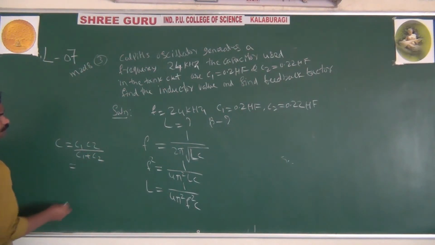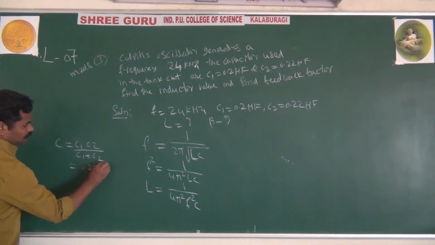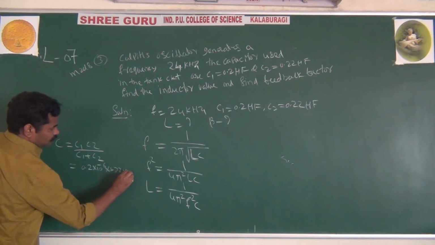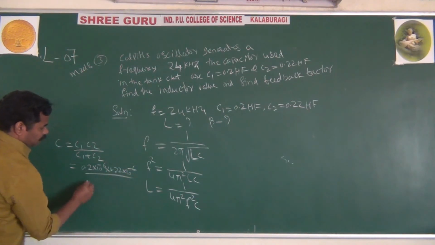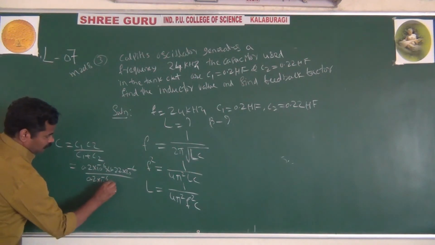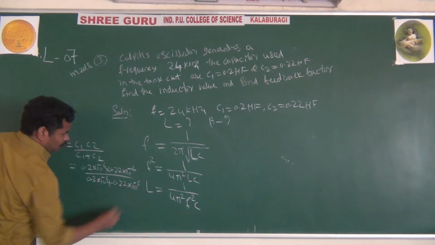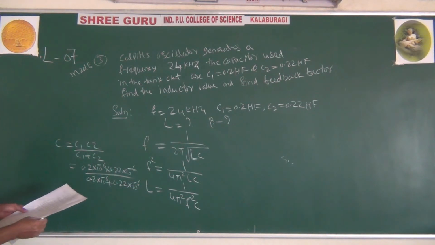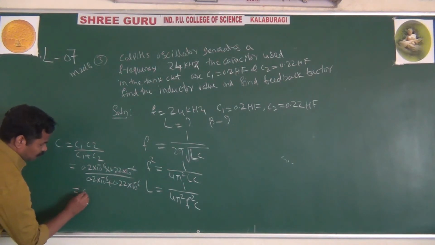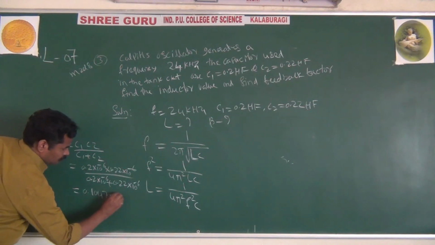Then we can substitute 0.22 into 10 to the minus 6 into 0.2 into 10 to the minus 6 divided by 0.2 into 10 to the minus 6 plus 0.22 into 10 to the minus 6. If we simplify it, we may get an answer nearly about 0.1047 into 10 to the minus 6.